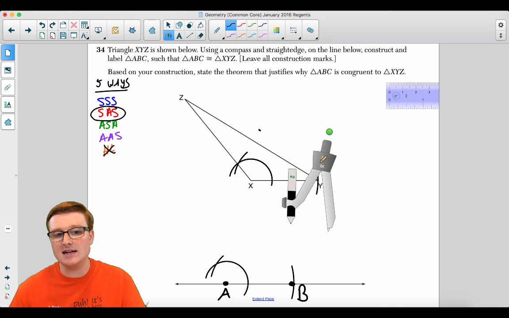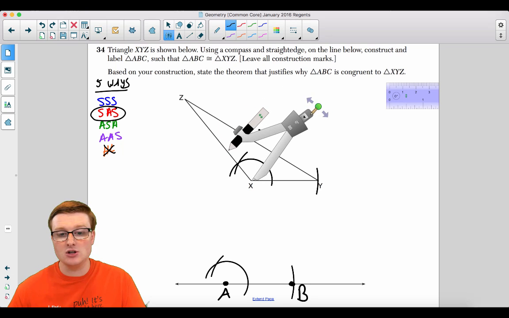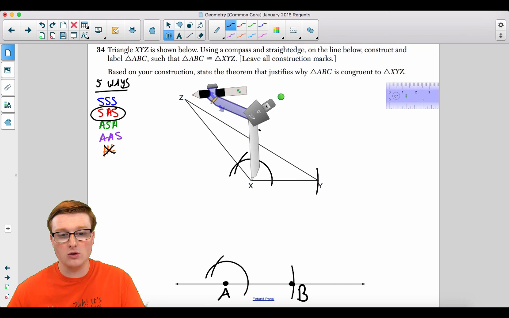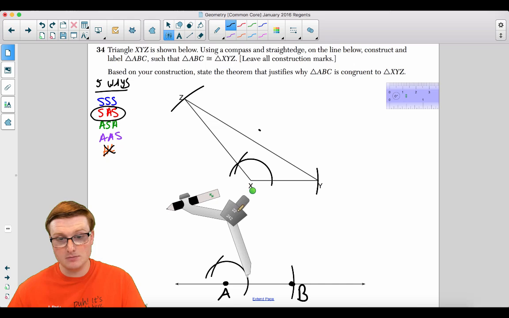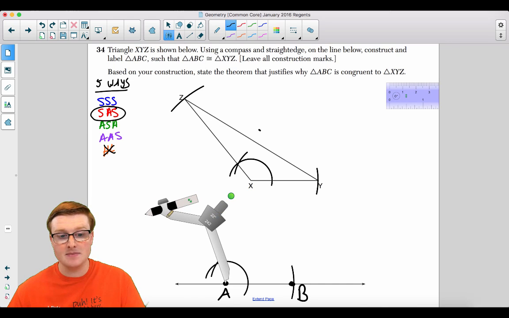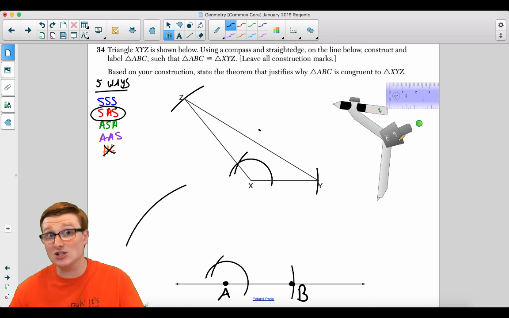Now the last piece that I need is side ZX. So that again is to copy a line segment. You extend your compass arm all the way to point Z, and you copy it, and you draw a tick mark. Then you place it down on point A, and you draw an arc in random space. That's perfectly fine, and it's normal.